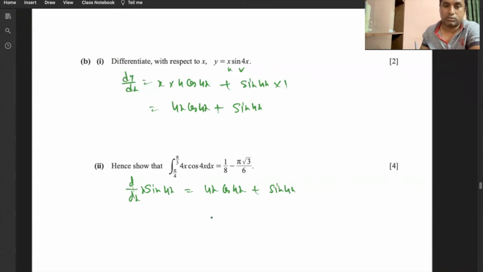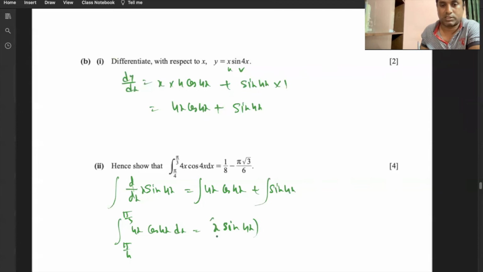So let me take the integration sign. We can write here the integral from pi by 4 to pi by 3 of 4x cos 4x dx equals, let me take this integration sign and cancel, so x sine 4x between pi by 4 and pi by 3.